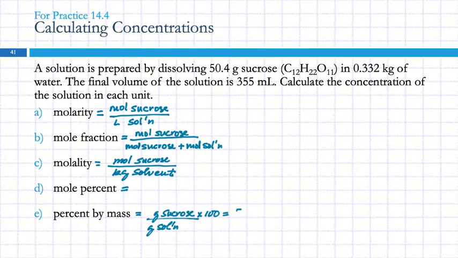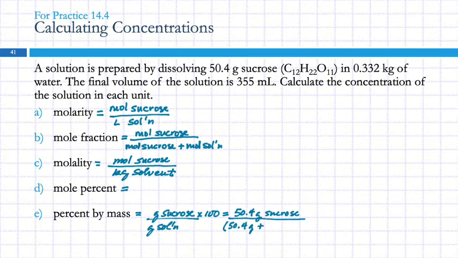So 50.4 grams of sucrose. So down here, I have 50.4 grams of the sucrose plus 0.332 kilograms of water. Is that going to be 0.000332 grams or 332 grams?